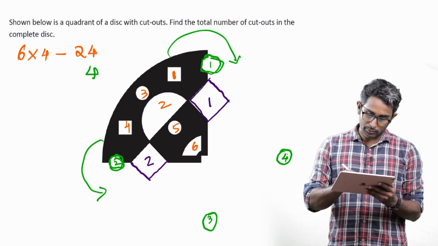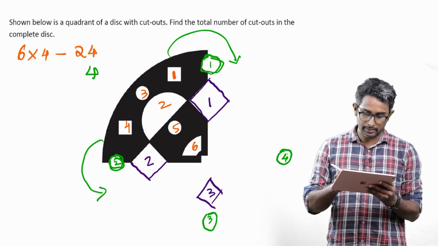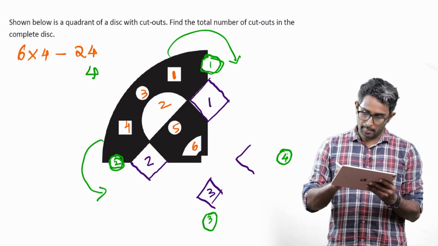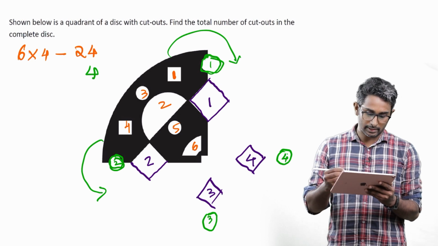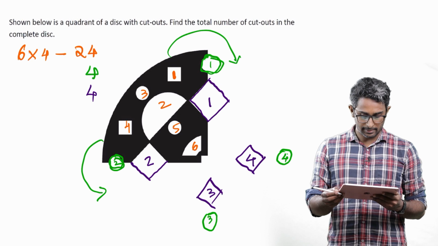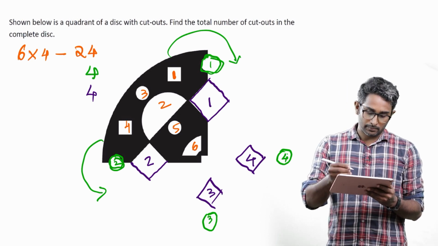Opposite to 1, there will be a square like this. This is the third one, and opposite to 2, there will be one more square. So there are 4 squares present after completing the whole circle.